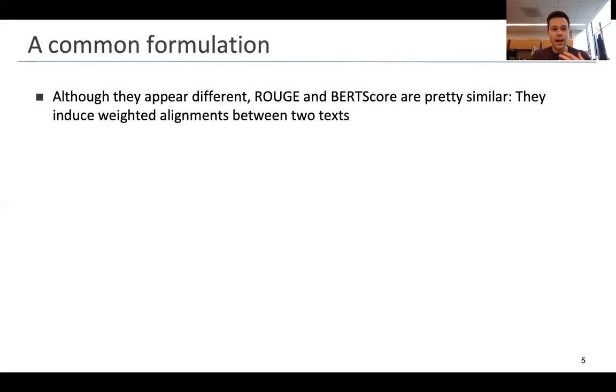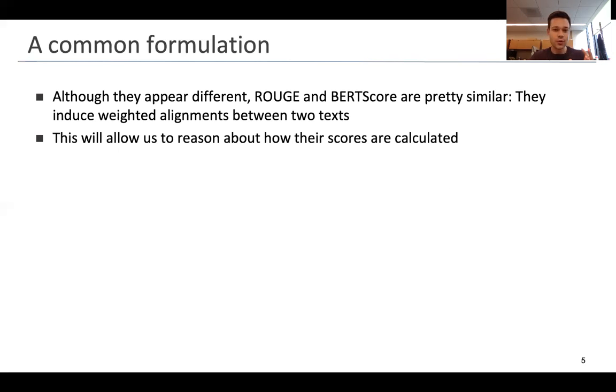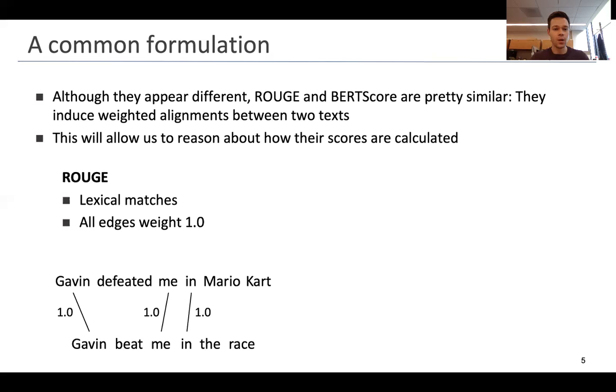In order to analyze Rouge and BERTScore together, we're going to reformulate them as scoring two texts based on a weighted alignment. And this is going to allow us to jointly analyze them. So for example, to score these two texts, what Rouge will do is create an edge between lexical matches across the two texts, and all of the edges will have weight 1.